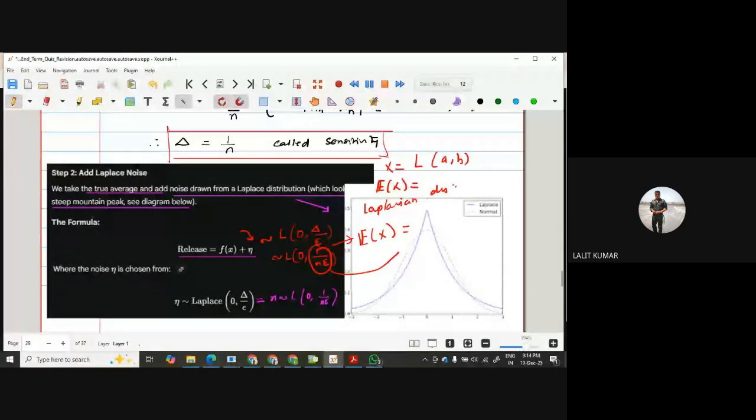This is a very important property of the Laplacian. So here the expected value of x will become 1 by n epsilon.